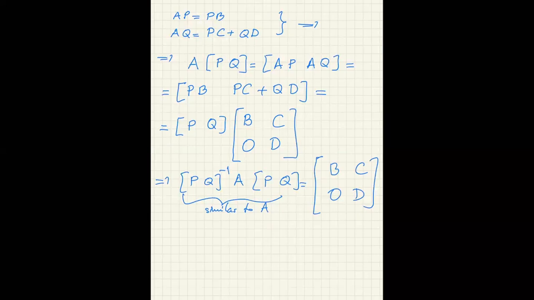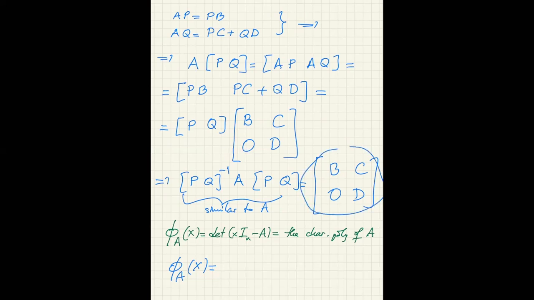So remember, let me just write it by phi. And if we are not sure which matrix we're talking about, I'll put it as an index. Phi of x is the determinant of xI minus A, the characteristic polynomial of A. So from this relation, we get that phi_A of x equals the characteristic polynomial of this matrix on the left-hand side, because similar matrices have the same characteristic polynomial, and that will equal the characteristic polynomial of that matrix.